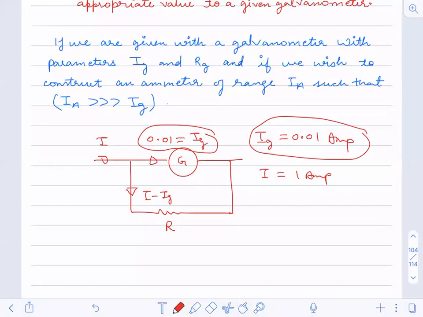I minus Ig is the current that I will pass through this resistor. So a small amount of current passes through the galvanometer, and the remaining big amount of current passes through this. Do you understand this thing or not? Let me know if you understand this thing.